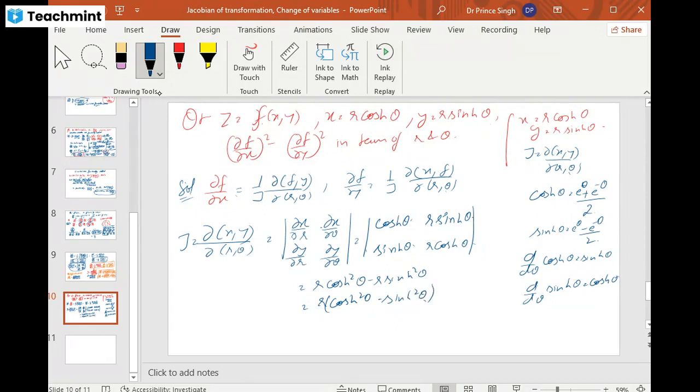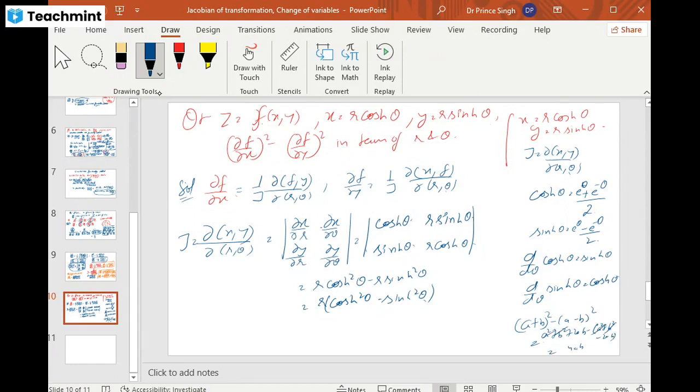Now if we square and subtract, a plus b whole square minus a minus b whole square is equal to a square plus b square plus 2ab minus a square minus b square plus 2ab, so we are left with 4ab.